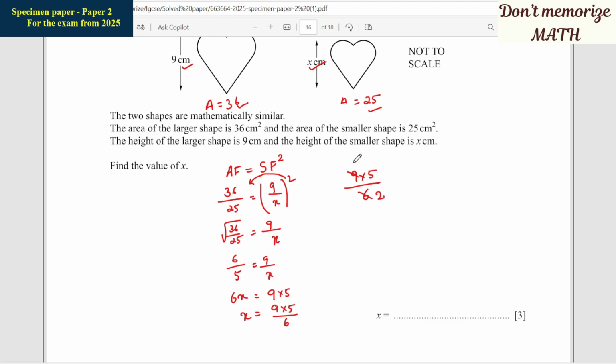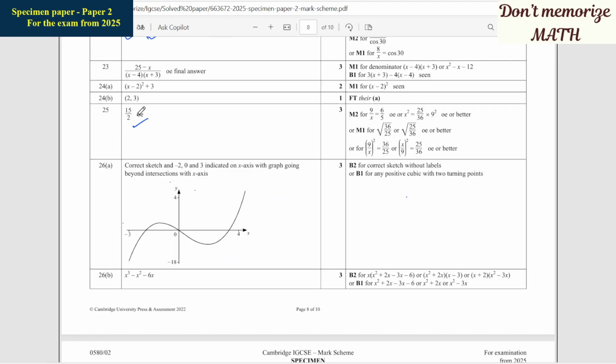So 3 times 2 and 3 times 3, so you will get 15 over 2. You can write 7.5, otherwise you can write it as a mixed fraction, 7 1 over 2. So 7 1 over 2 or equivalent. Or equivalent means any answer that is equal to 15 over 2.